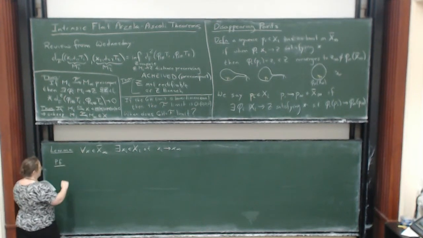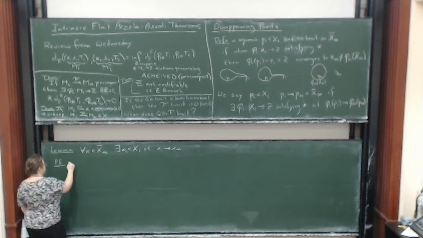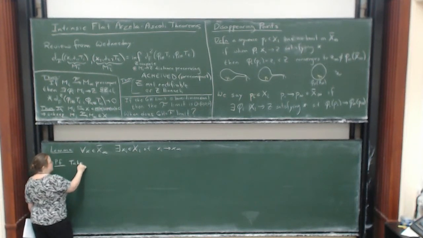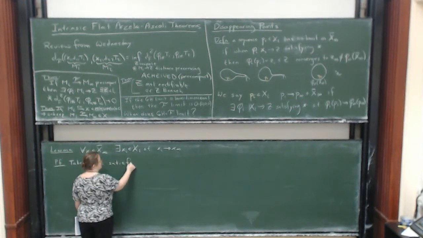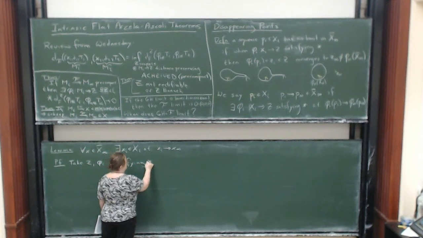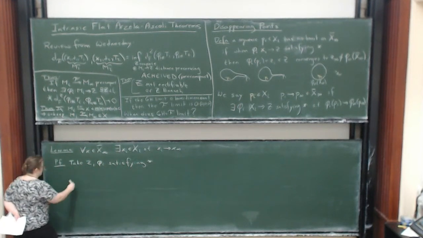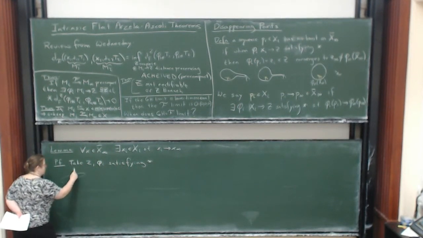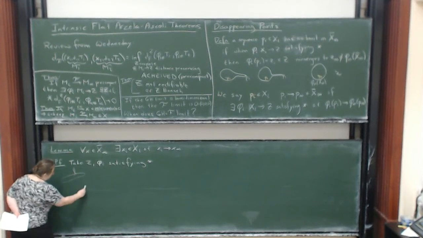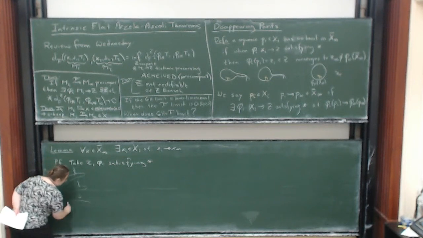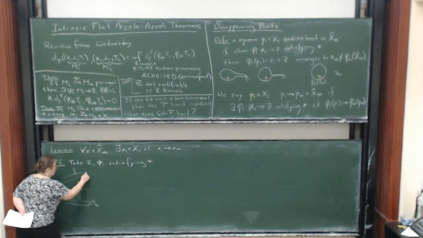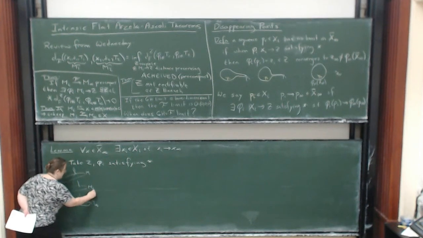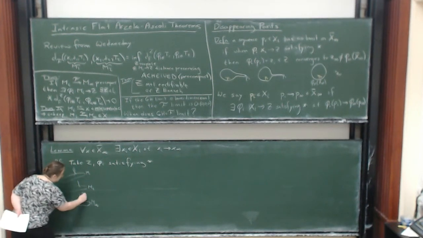is that you take your maps phi_i, so we take Z and phi_i satisfying star, and you have your sequence. So let me just draw a sequence: here's our M infinity, M1, M2, and they're flat converging here.